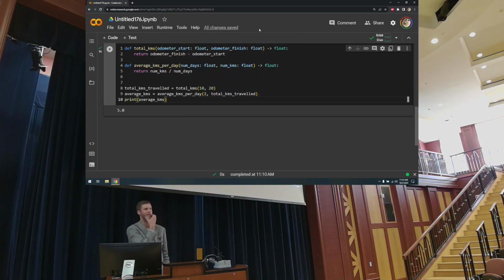Great, I could do that calculation, right? I call the one to calculate the total number of kilometers driven. Then I pass the result of calling that function to this new function.